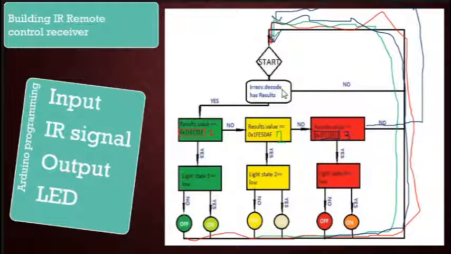And if IR decode.result had no results, suppose that we are not pressing our remote button, then also we return to the start and continue to check whether the remote control button is pressed or not. I think this was quite difficult, but this is the way to understand this program.